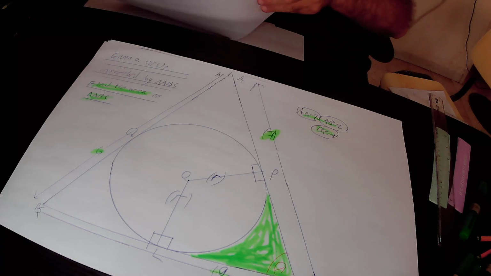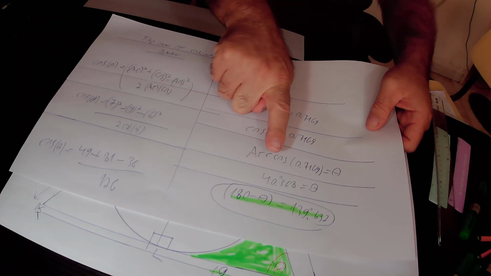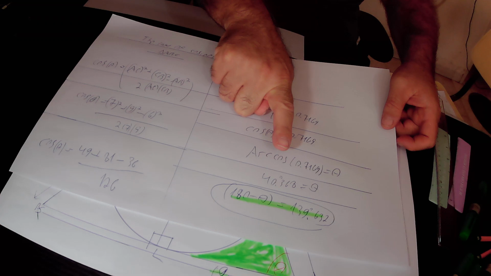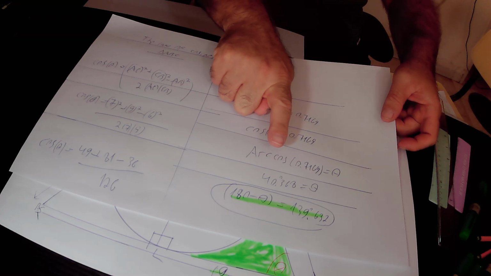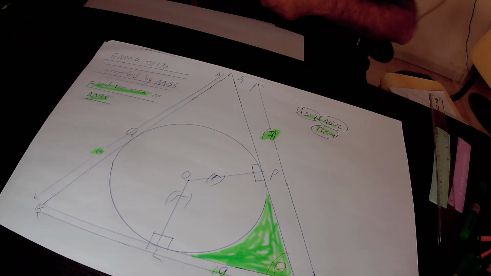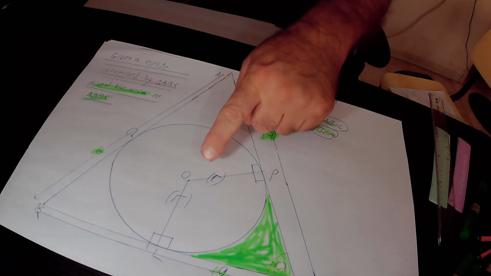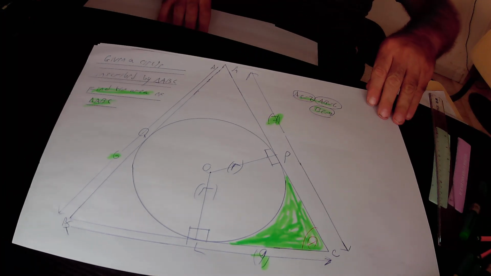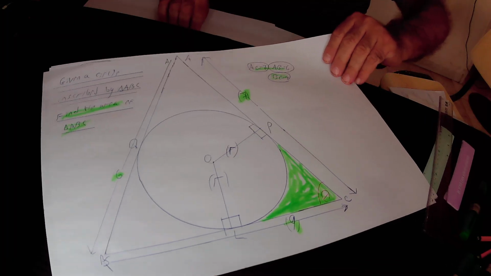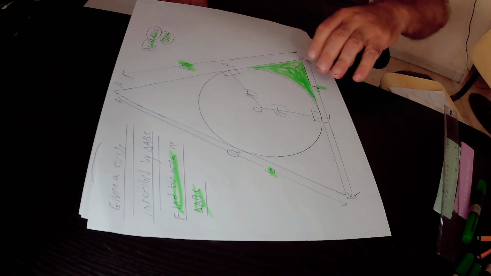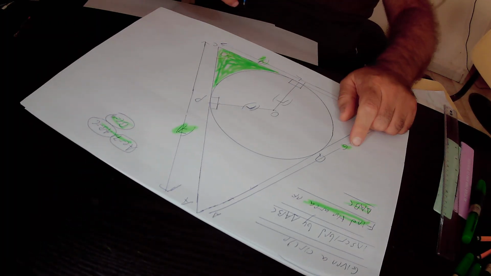But we already found out that 180 degrees minus theta equals 139.632 degrees. So I get POL equals 139.632 degrees in its size.